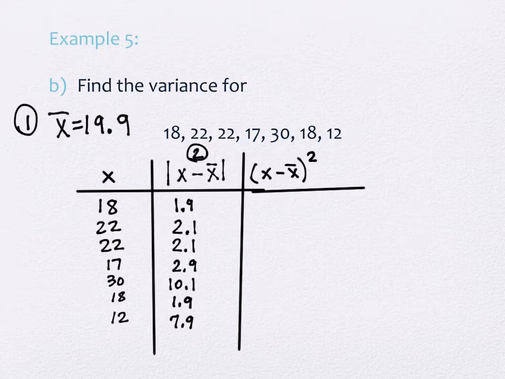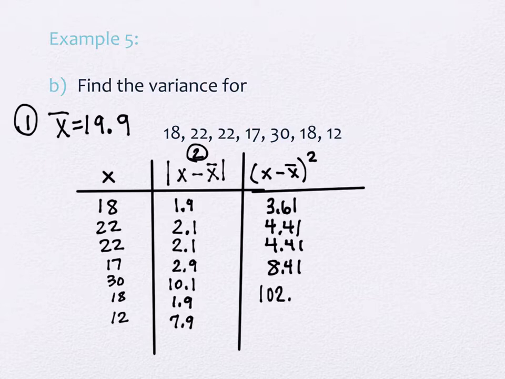So when I do 1.9 squared, I get 3.61. 2.1 squared is 4.41, and I have that here twice. The 2.9 squared is 8.41. The 10.1 squared is 102.01.